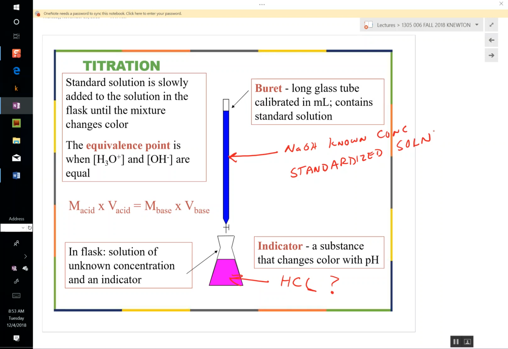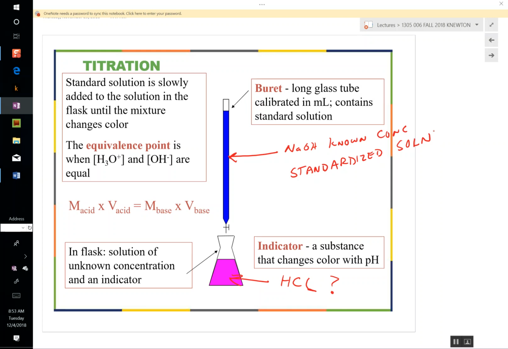So you put an indicator, an acid-base indicator, into the acid, which is clear and colorless in an acid, and it's bright pink in a base. So when the solution becomes basic, bam, it turns into this purple-pink color. It's an acid-base indicator.